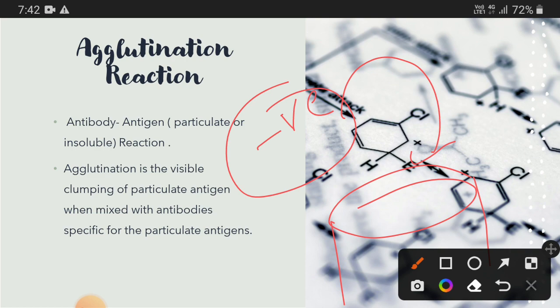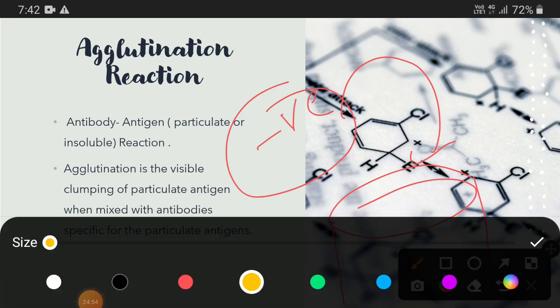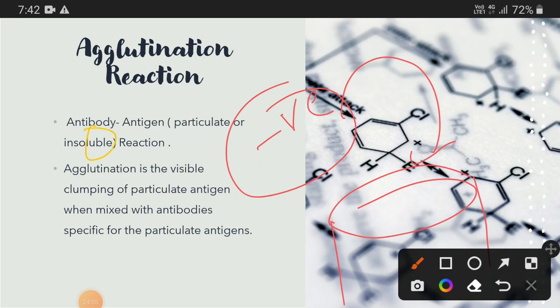Due to this electric potential in the saline solution, the antigens are prevented from getting very close to each other, and as a result there is no cross-linking, so agglutination will not occur.